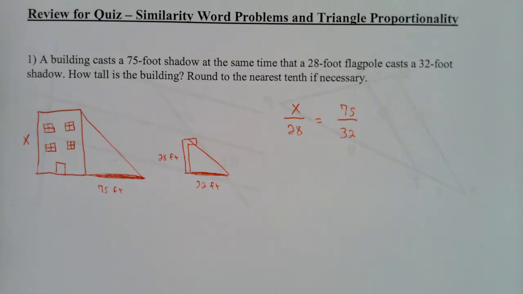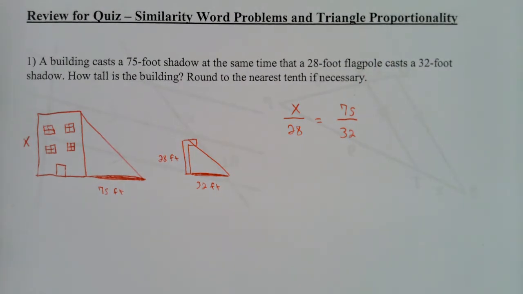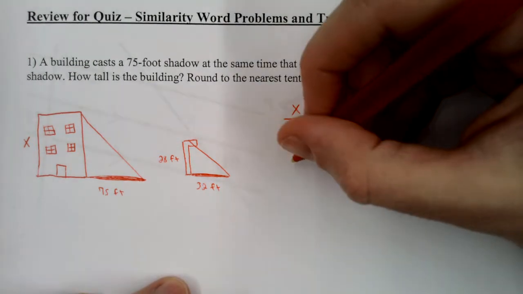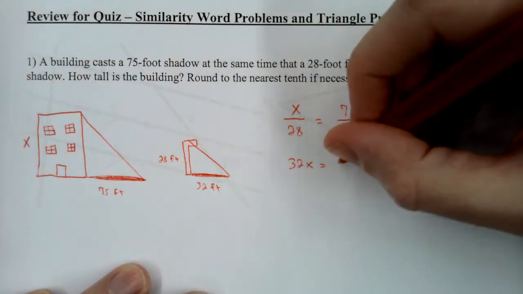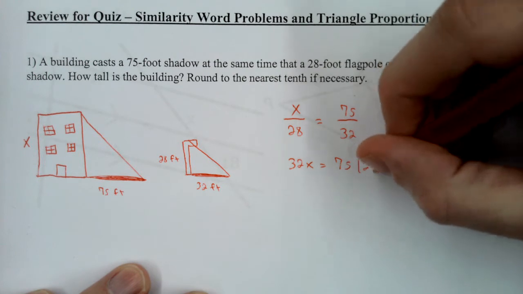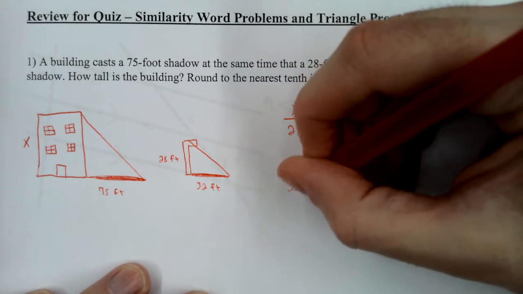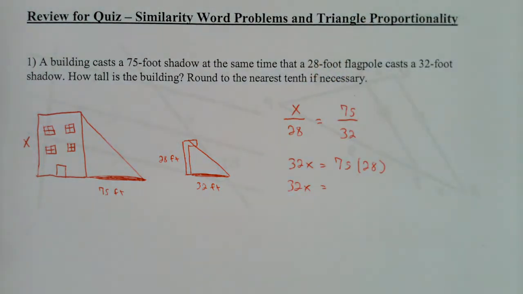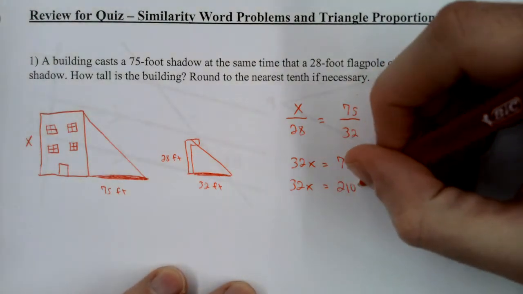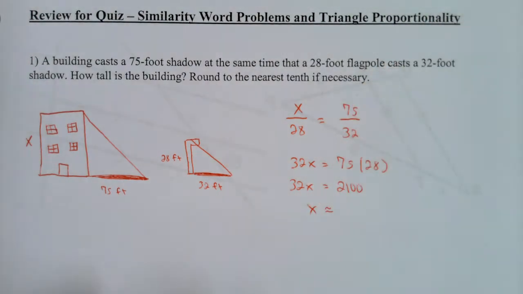Cross multiply and solve for X. So 32X equals 75 times 28. 32X equals 2100. X is approximately 65.6.